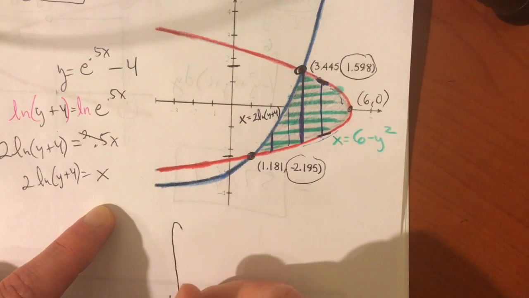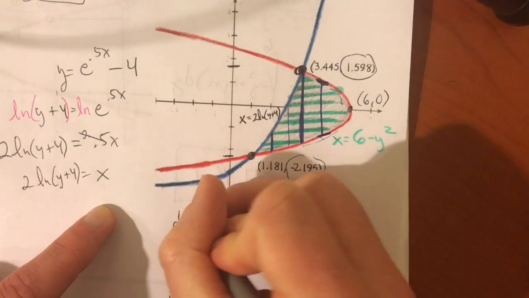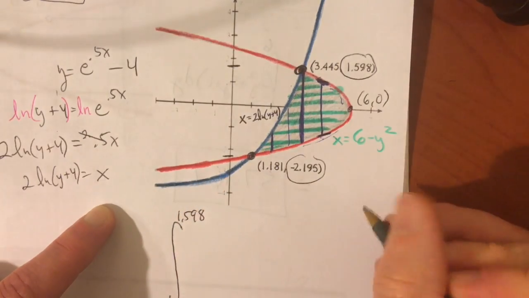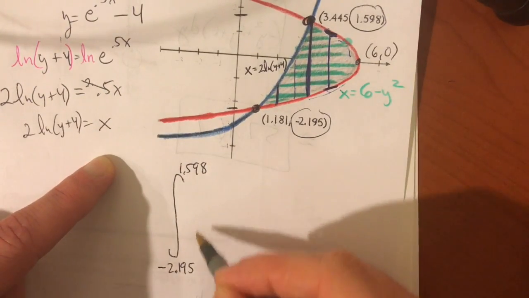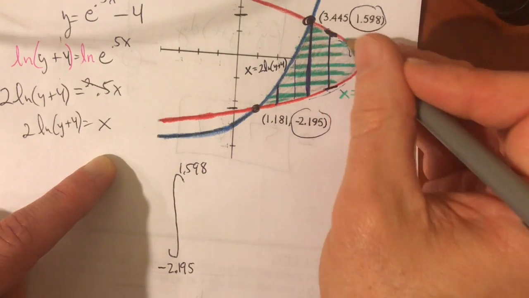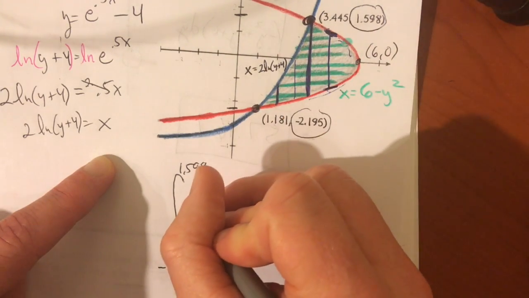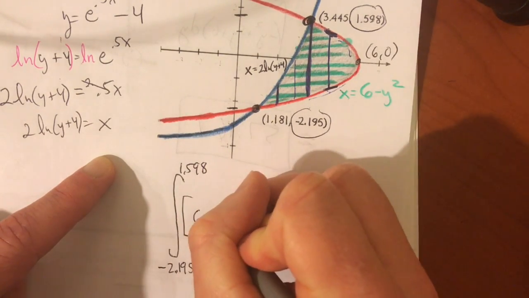If you find those on your calculator, normally you've been looking for x values, pay attention to those y values. So negative 2.195 to 1.598, and the right boundary here is 6 minus y squared.